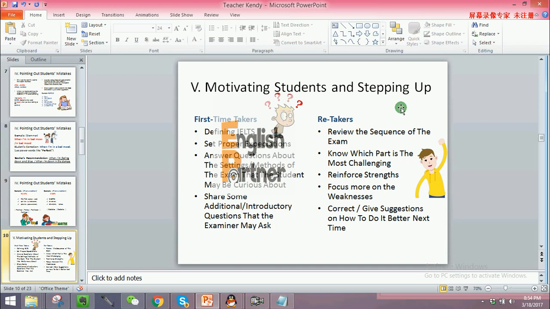On the other hand, for retakers or those who already took the exam before, I review with them the sequence of the IELTS oral test and ask if they already know the methods of answering the different questions in different parts of the exam, and also ask them which is the most challenging part for them, highlight their strengths, and focus more on their weaknesses.